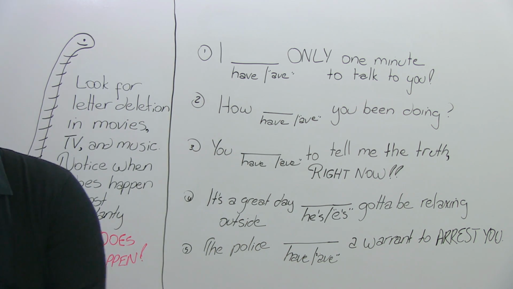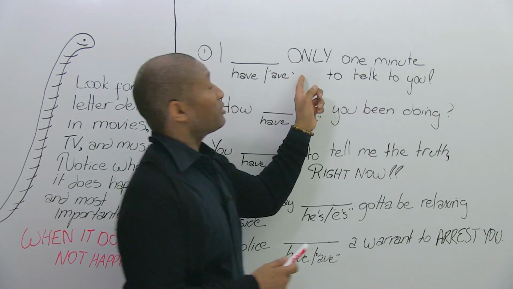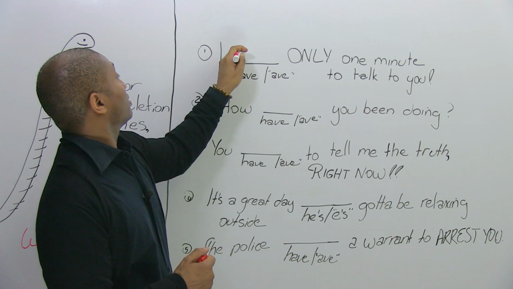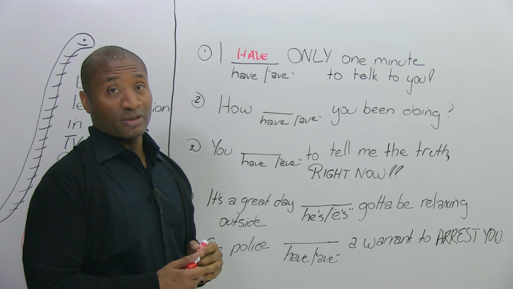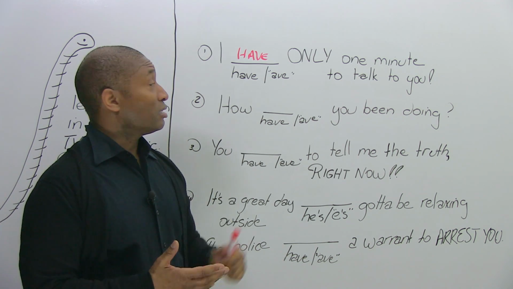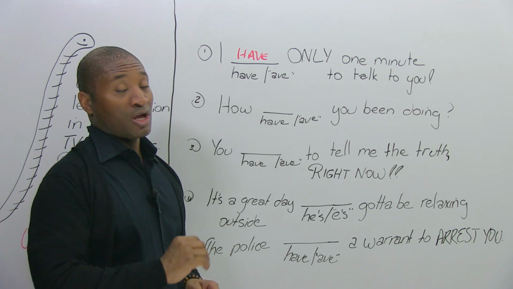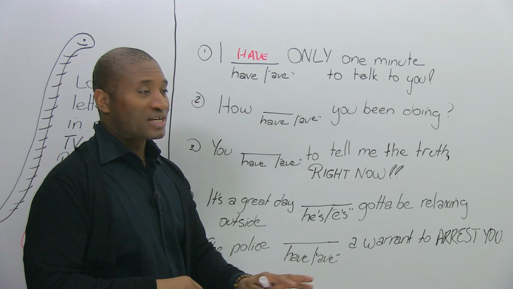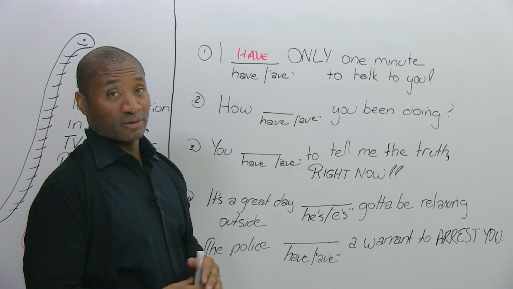Simple. Do you notice how I only was emphasized here, right? I only have 1 minute to talk to you. It's very specific. Remember I told you about being specific or being clear. That person is going to be very clear with you. I only have 1 minute to speak to you. Not another second or 10 seconds more. It's very clear. They won't use the contraction.